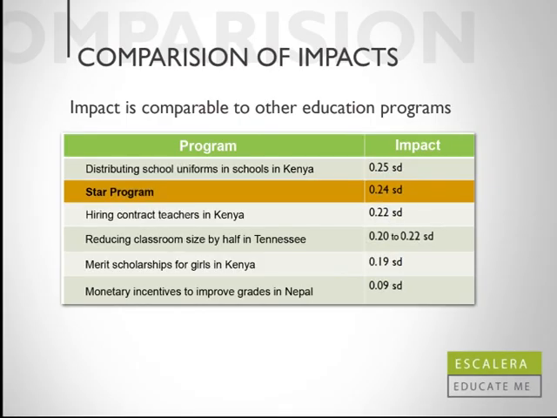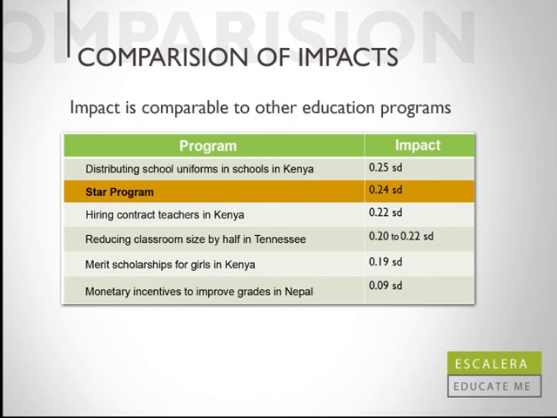So now, briefly, what we have is a comparison of the STAR program with several other well-researched education programs in other developing and developed countries. What we see here, we've converted our measurements into a standard form that allows us to compare across programs, and we see that the STAR program comes out near the top.